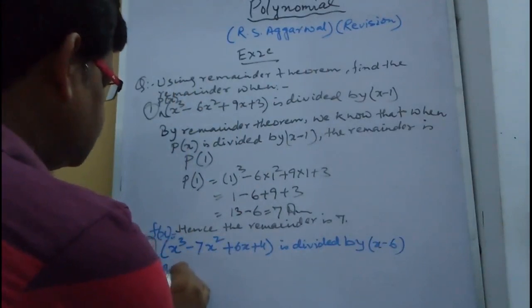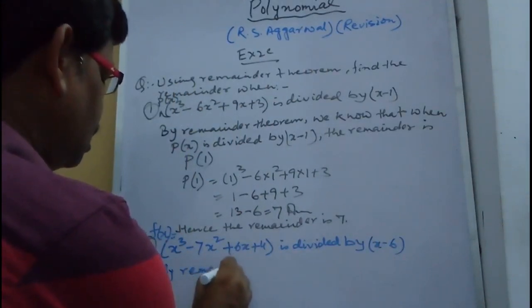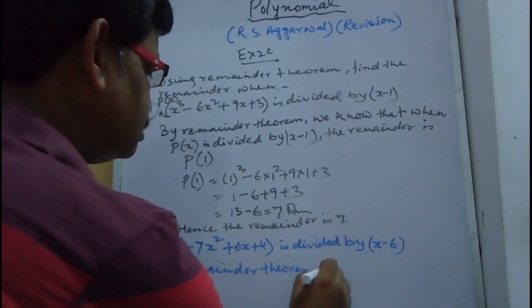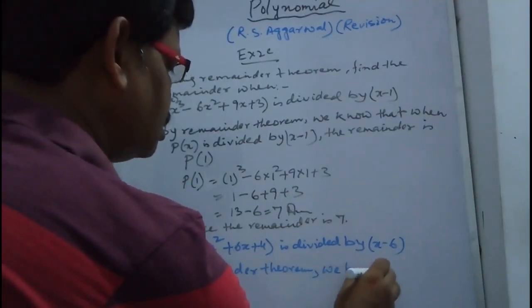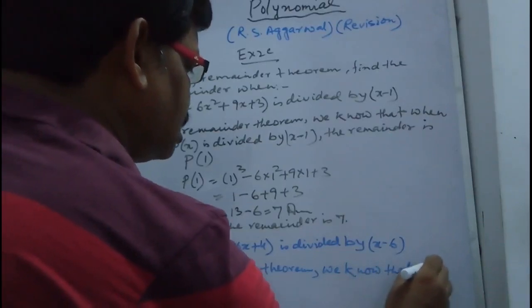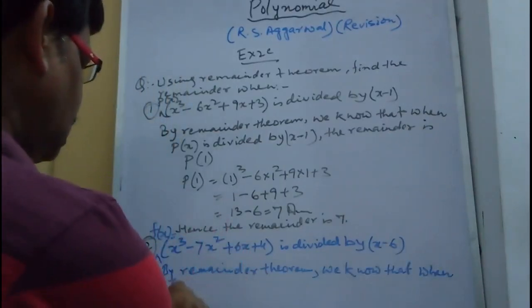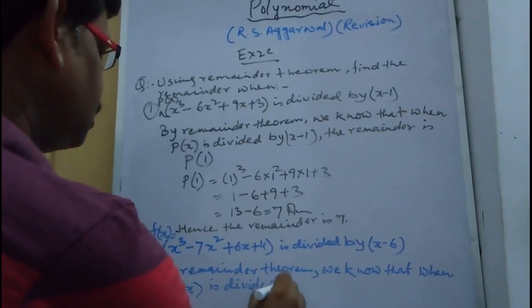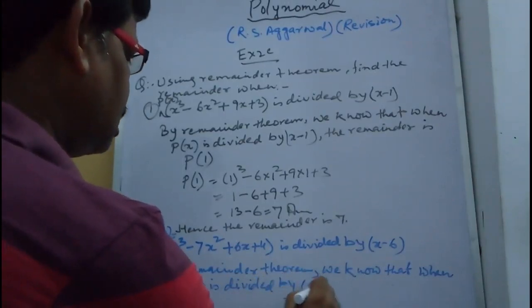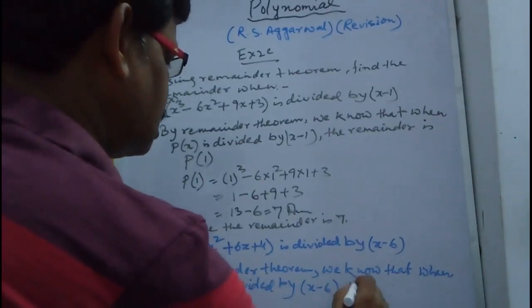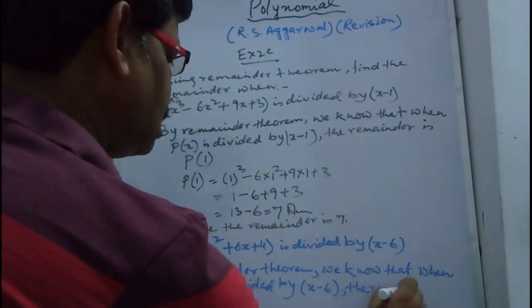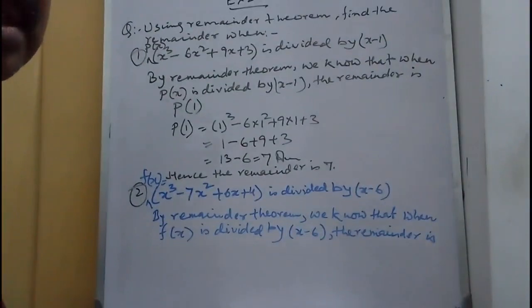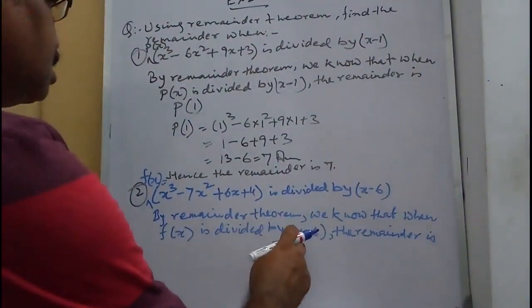So by remainder theorem, we know that when fx is divided by x minus 6, the remainder is f6, since x minus 6 equal to 0, therefore x equal to 6.